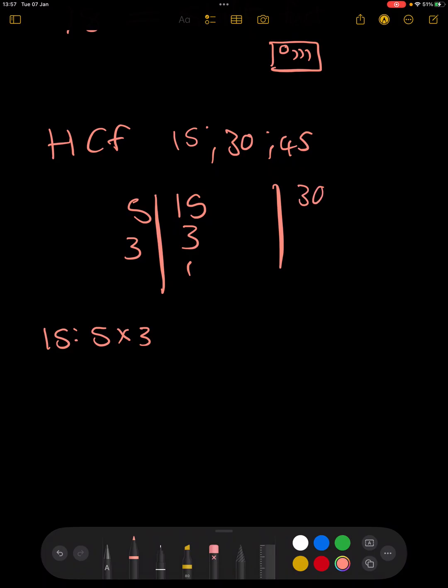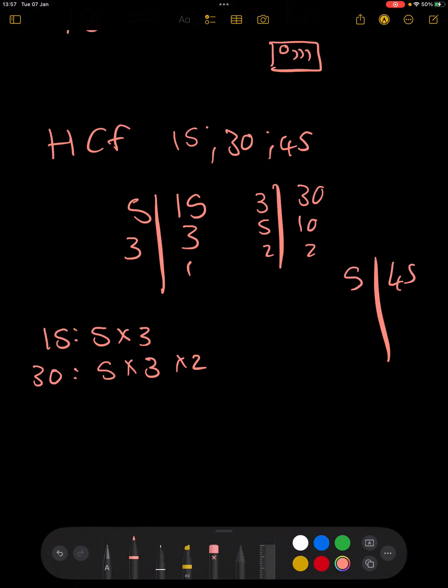Then we're going to do 30. I like to write the ones that are the same underneath each other, just to make it easier for myself when I have to find the groups. And then finally 45.